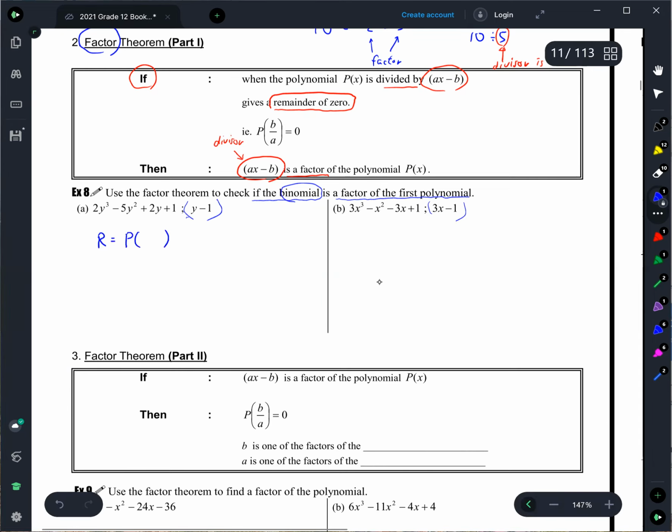Okay, what do we need to sub in to find the remainder? 1. Yep, okay, so we plug in 1. So that'd be 2 times 1 cubed minus 5 times 1 squared plus 2 times 1 plus 1.